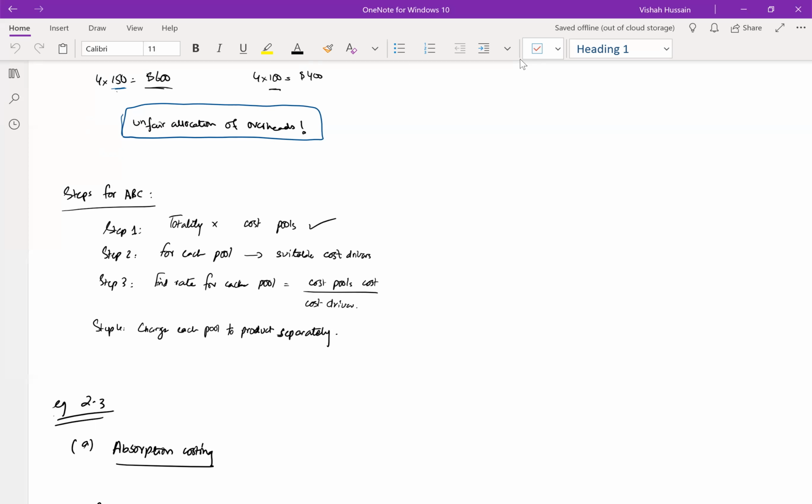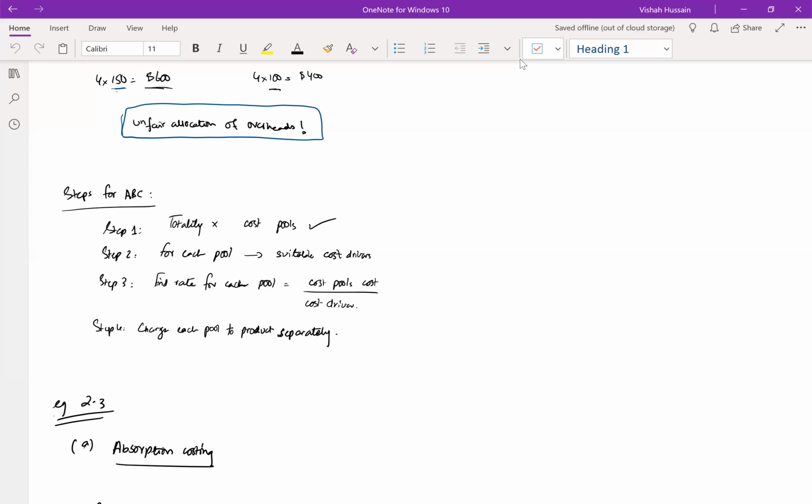Purchasing department overheads are going to be divided by machine hours. The production department overheads are going to be divided by machine hours. The amount of machine hours, the amount of labor hours are going to be in total. However, the overheads are going to be separate. For each pool, you're going to divide it by total machine hours or total labor hours.